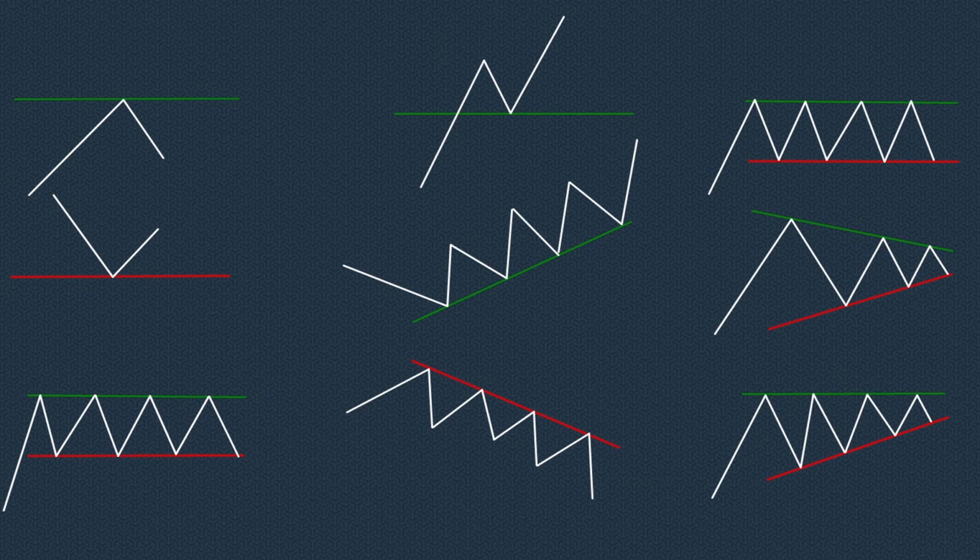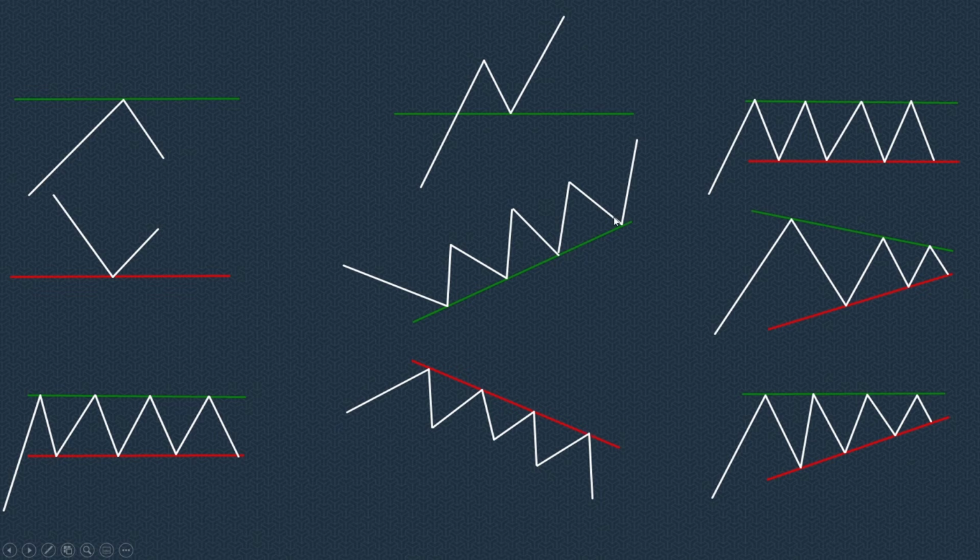Of course, they can be formed with 3 or 5 touches. And the more touches, the more minimums or the more maximums if it is a resistance, the better or more powerful the impulse will be.